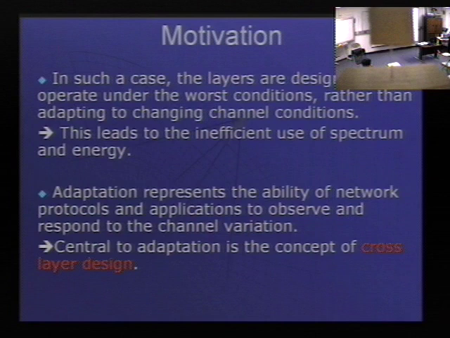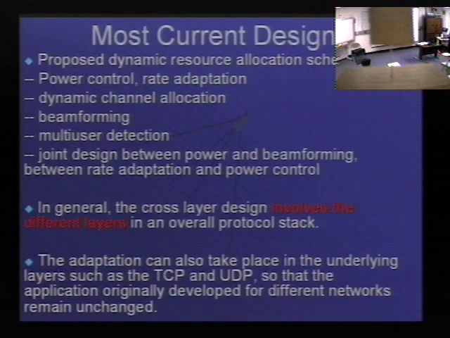Based on the different users' demands and the current channel condition, how to dynamically adjust to the need and make better use of the bandwidth. Overall, with limited bandwidth, how to satisfy most of the users' needs. This is another mathematics problem. There are many proposed schemes like power control, rate adaptation, dynamic channel allocation, beamforming, multi-user detection, joint design between power and beamforming, rate control, and so on.